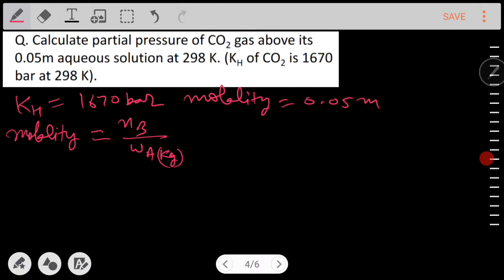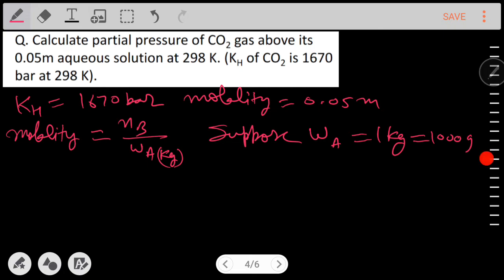So I have to assume Wa in such a way that Nb becomes equal to the molality. Suppose Wa is 1 kg, means 1000 gram. Then Nb becomes equal to molality, and that is 0.05 mole.